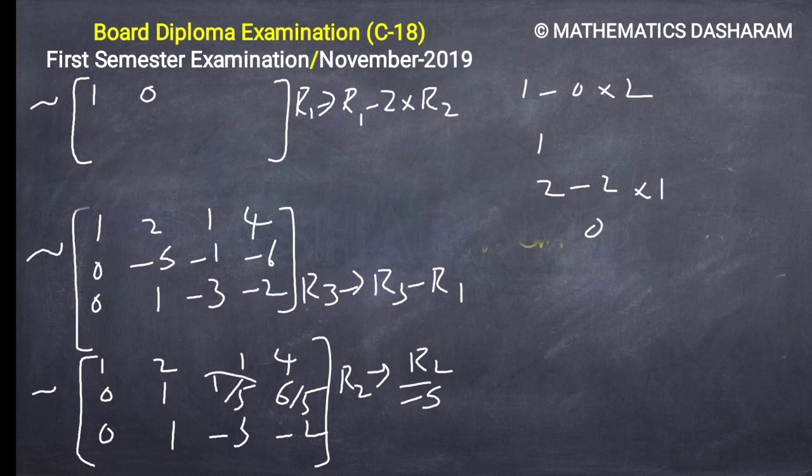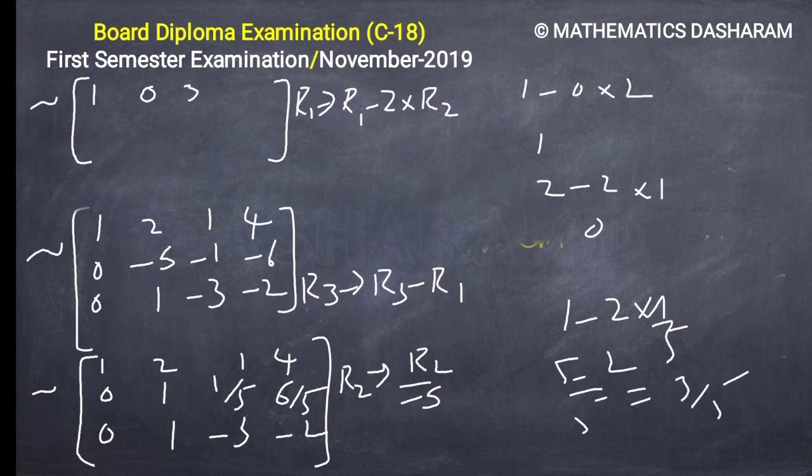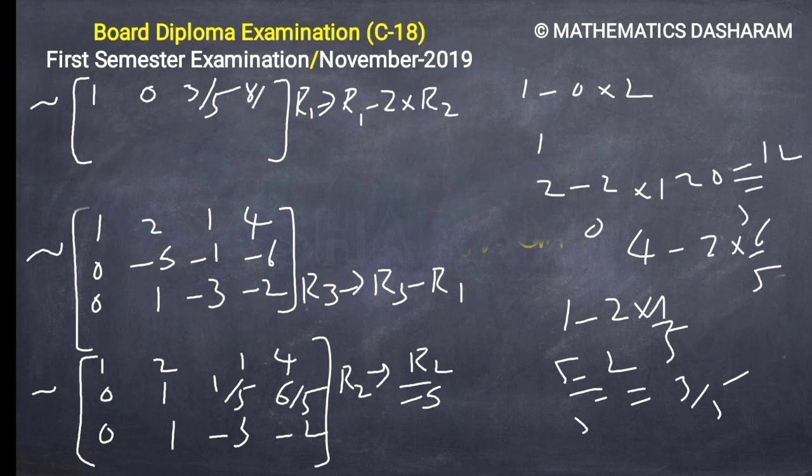So actually R2 is 1 by 5. So then 1 minus 2 into 1 by 5. So 5 minus 2 by 5 equals to 3 by 5. So here 3 by 5 will come. Next, 4 minus 2 into 6 by 5. 5 4s are 20 and 2 6s are 12 by 5. So it is equals to 8 by 5. And write the next two rows as it is, 0 1.